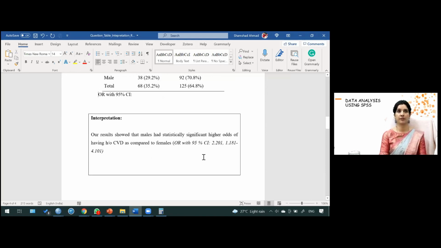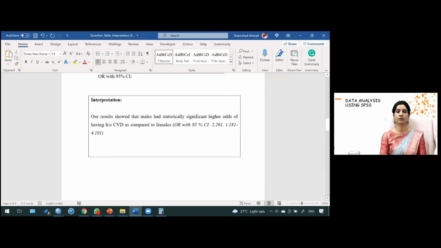So the interpretation is, our results showed that the male had statistically significant higher odds of having cardiovascular disease as compared to female. The odds ratio with 95% confidence interval is 2.2, with CI 1.81 to 4.101.